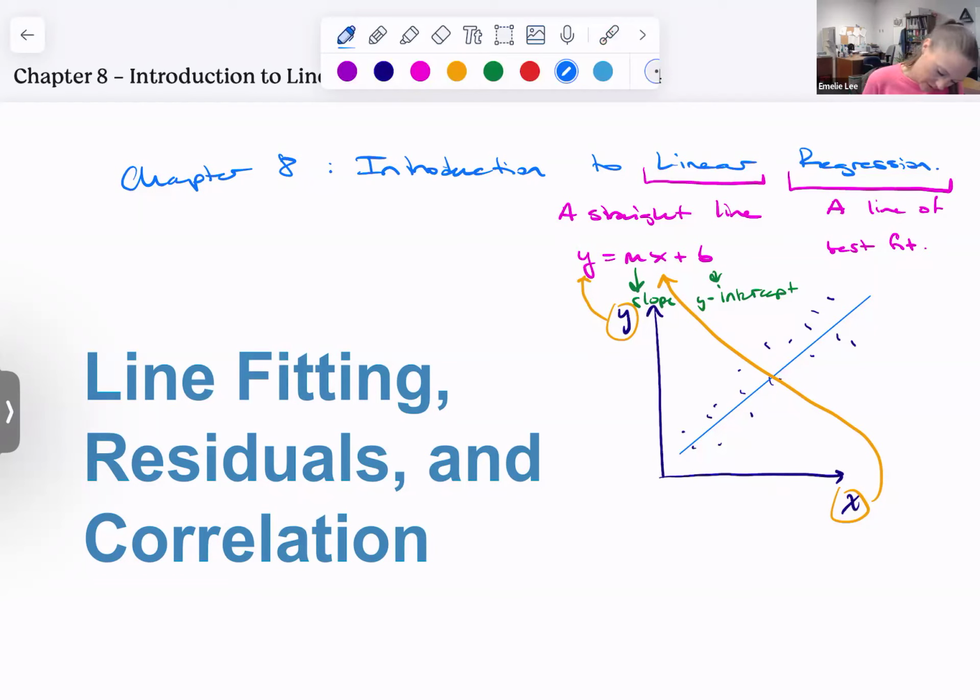And so regression is mostly used. There are other uses, but mostly it is used to predict, and I'm going to highlight that, to predict future values of y.